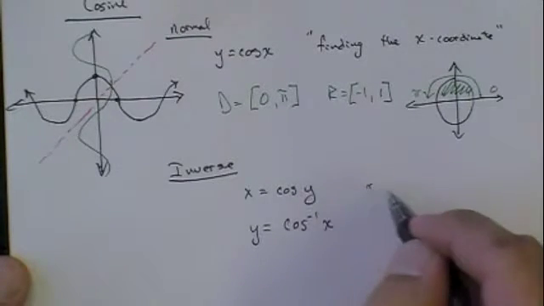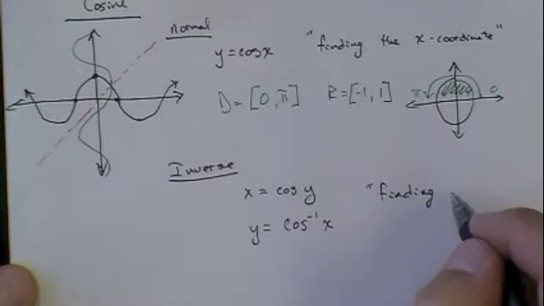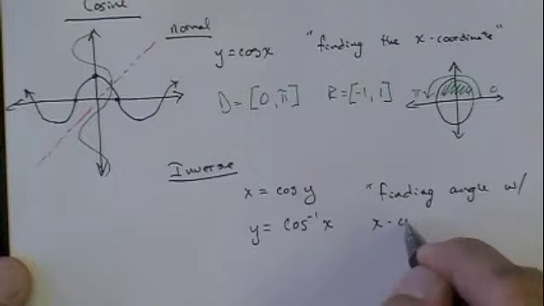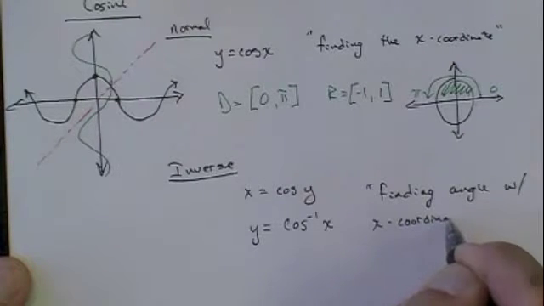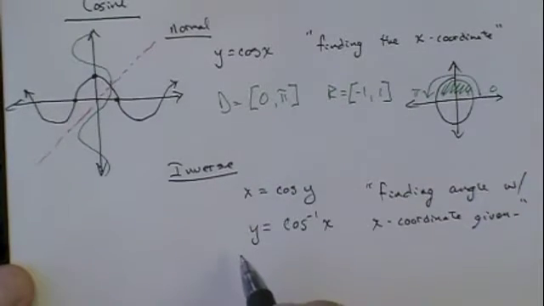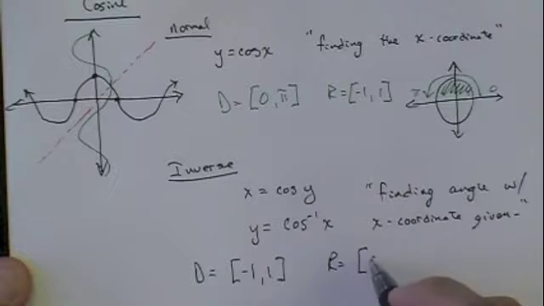So what we're doing is finding the angle with the given x coordinate. All right, and again, domain and range, we're switching here, so now our domain for our inverse is going to be from negative 1 to 1, and the range for the inverse is going from 0 to pi.